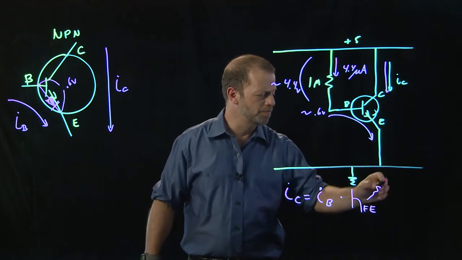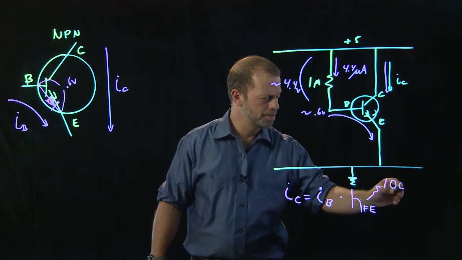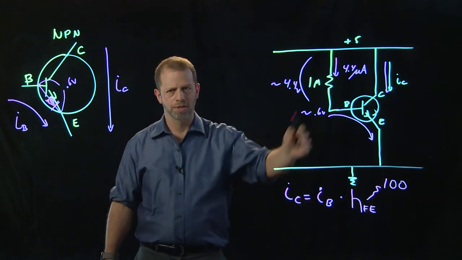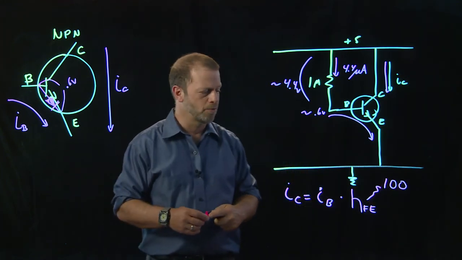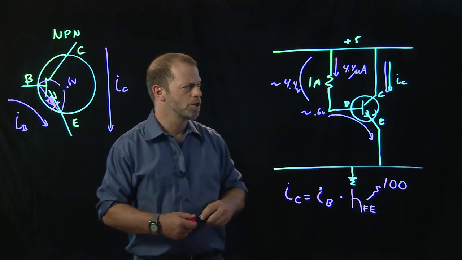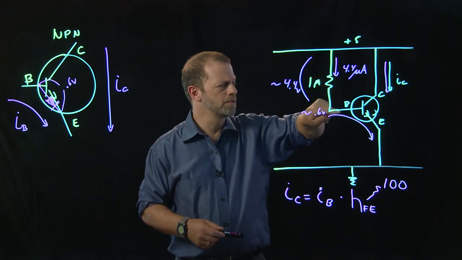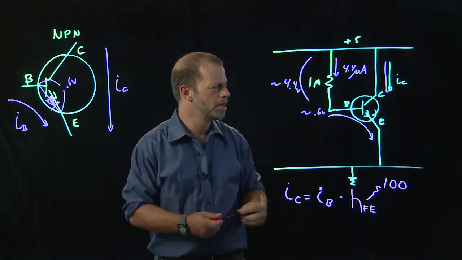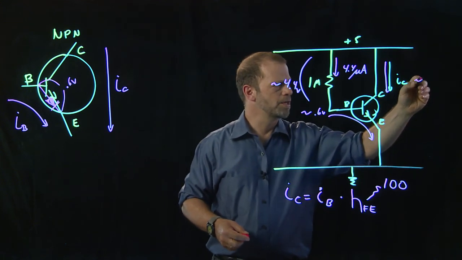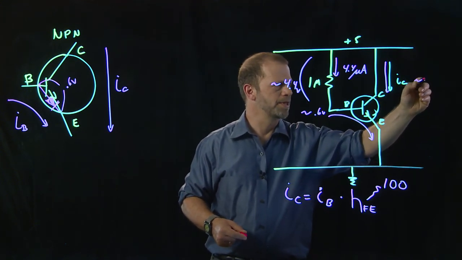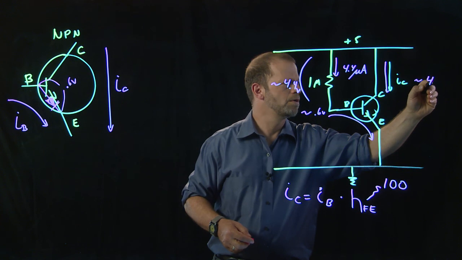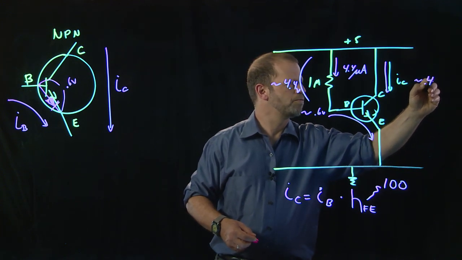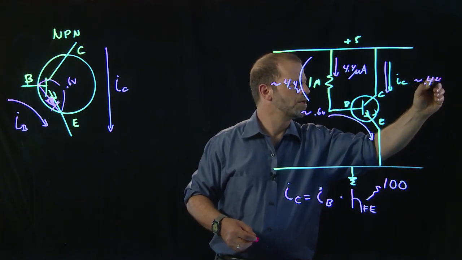But a very typical value for that is 100. When in doubt, we're just going to say that the current gain of any random transistor is 100. So with 4.4 microamps going base to emitter, that means our collector current is 100 times bigger than that, 0.44 milliamps.